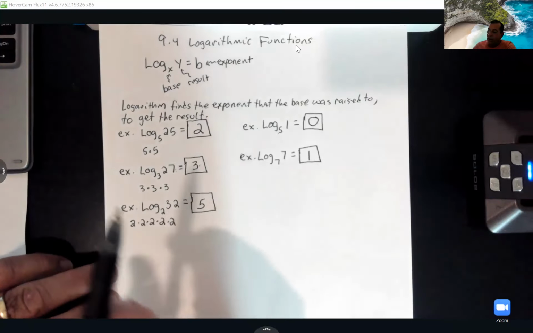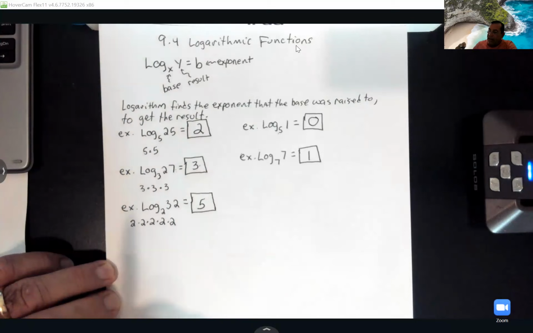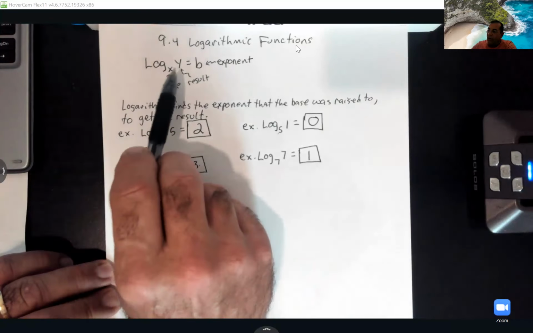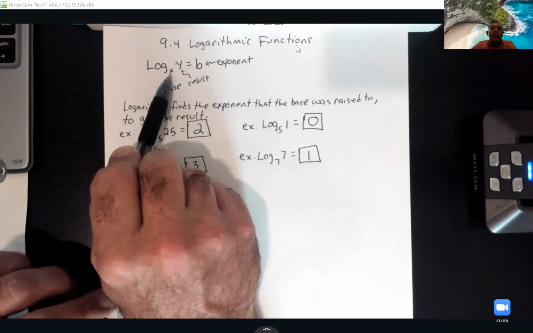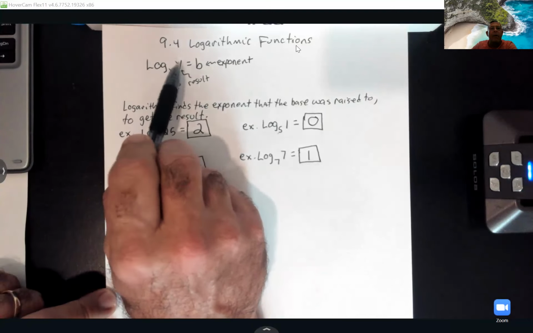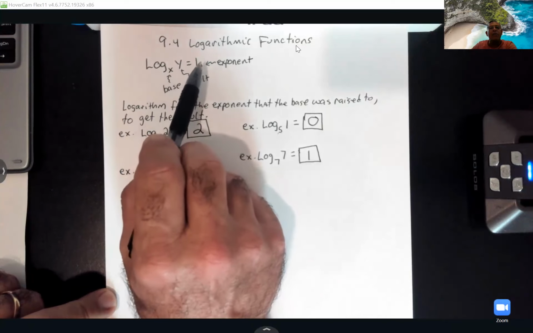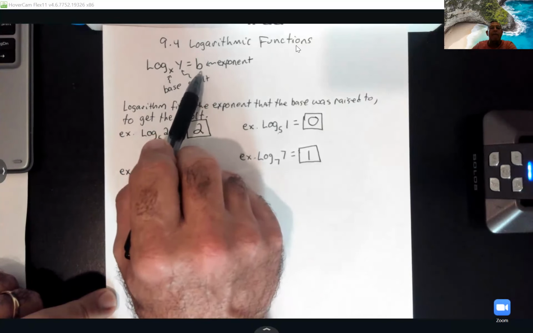Okay, so like I said, logarithm notation. Your base is the subscript, your result, and that's going to find you the exponent, okay?